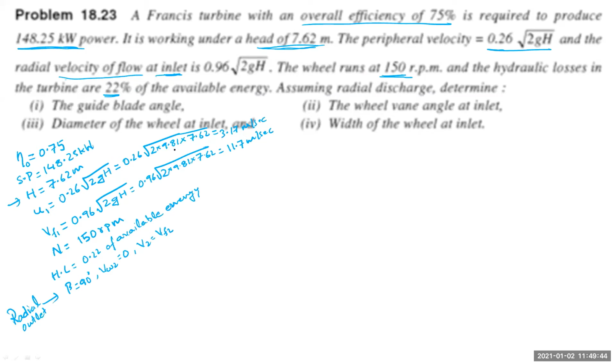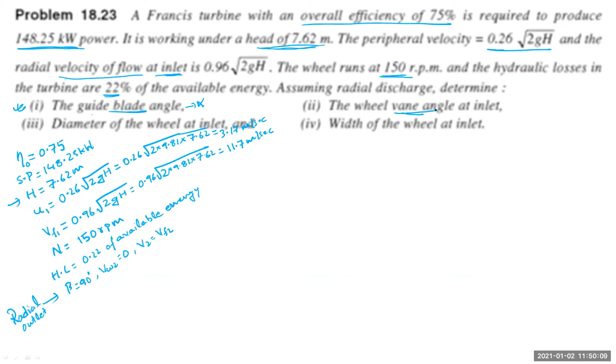Now what you have to find out? Assuming radial discharge, determine guide blade angle, means you have to calculate your alpha and theta, and wheel vane angle. So guide blade angle, when blade angle it is asking, it is your alpha.